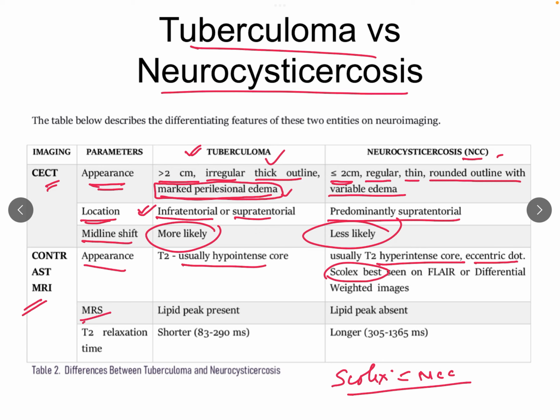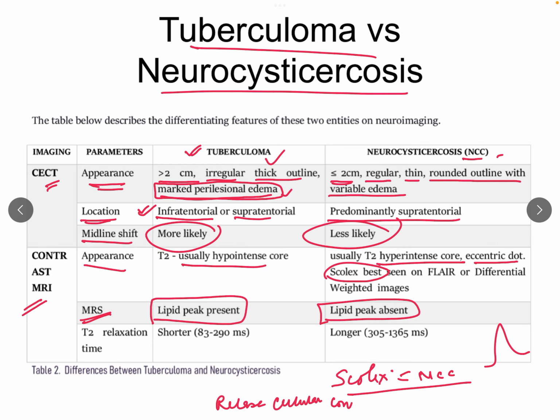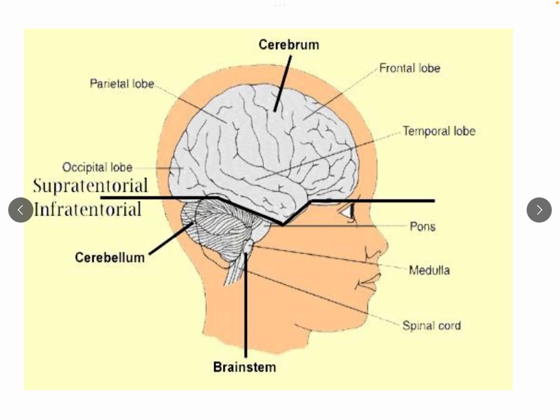And if you do MR spectroscopy, a lipid peak will be present in case of tuberculoma; however, the lipid peak will be absent in neurocysticercosis. The lipid peak is classically seen in tuberculoma because there are damaged cells that release cellular content and lipid, causing the lipid peak. Okay, and relaxation time will be shorter in case of tuberculoma and longer in case of neurocysticercosis.